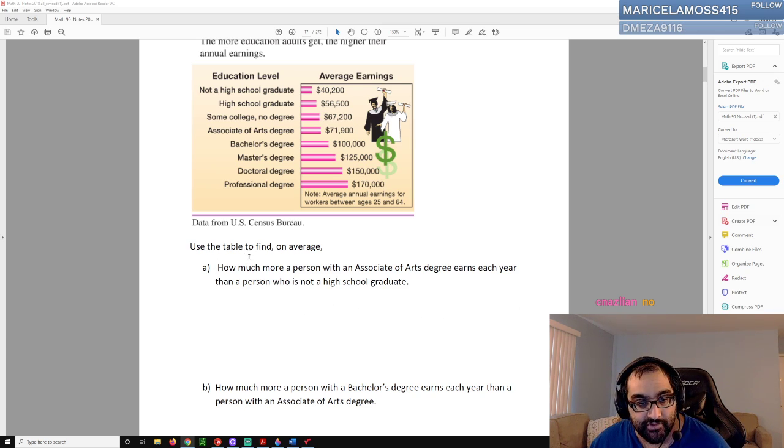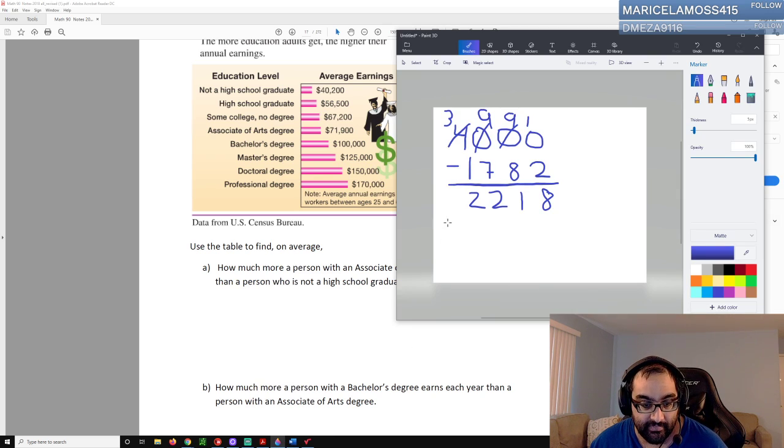It says use the table to find, on average, how much more a person with an Associate of Arts degree earns each year than a person who is not a high school graduate.